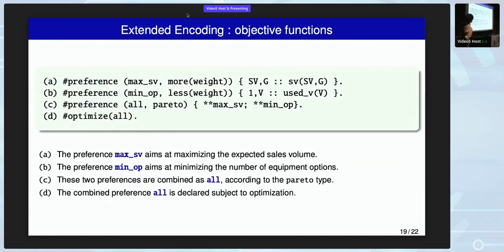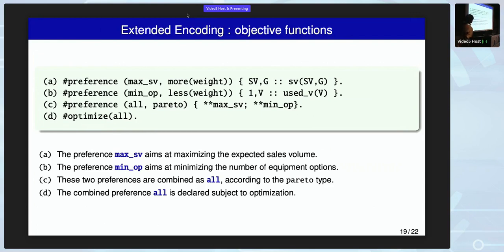In extended encoding, the objective function is represented by these rules. In rule A, the preference max SV aims at maximizing the expected sales volume. In rule B, the preference min OP aims at minimizing the number of equipment options.